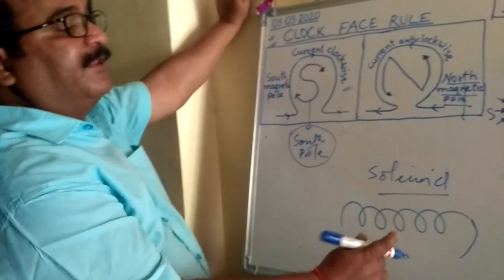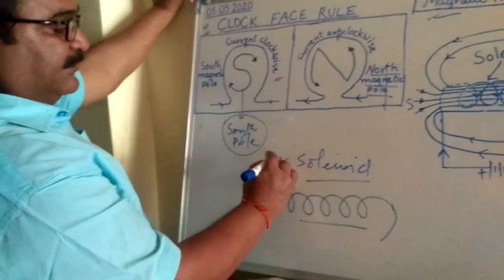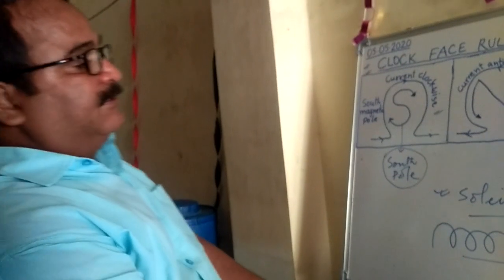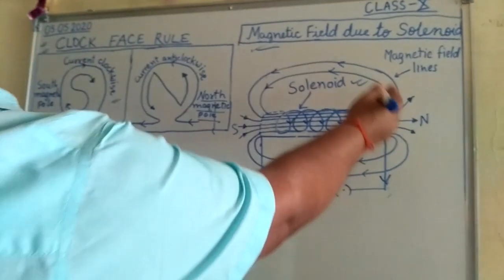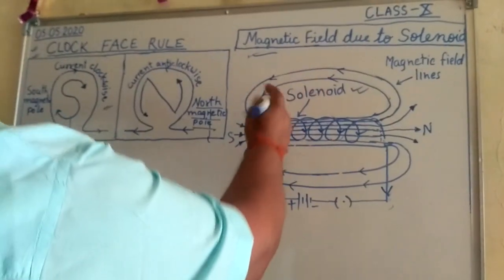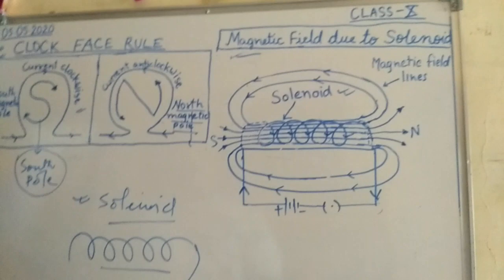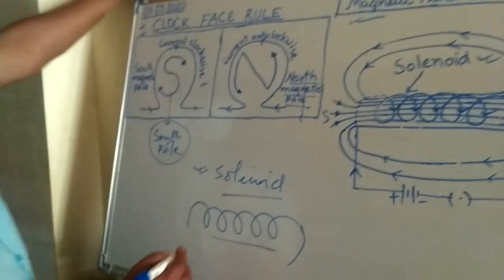You see here the solenoid, and here there is a bar magnet. The same type of behavior is also seen in a solenoid.